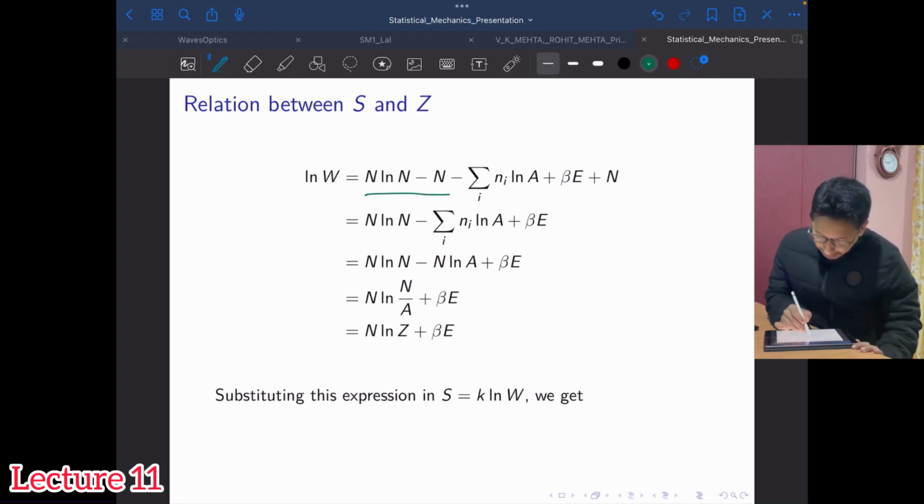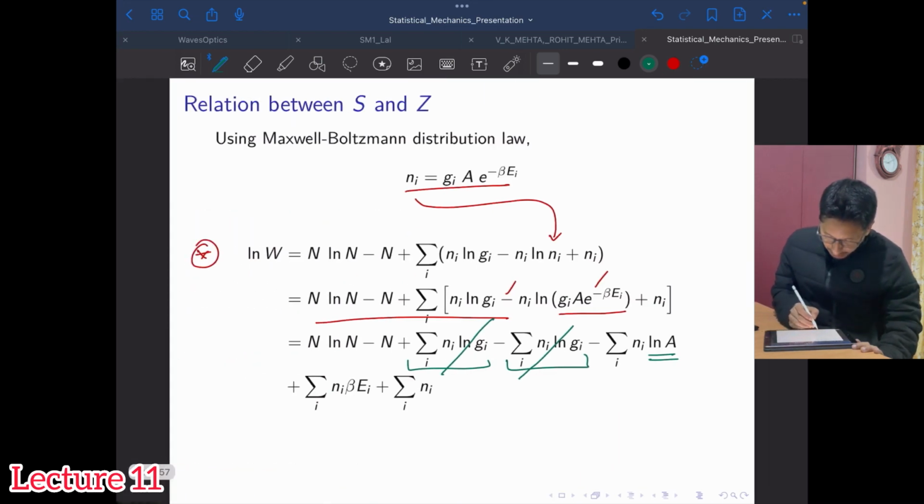So this part remains the same. This sum over ln a times ni, this is beta e plus n. Here you need to be a little careful: beta is constant here, so that can be taken out. I'm just talking about this particular term.